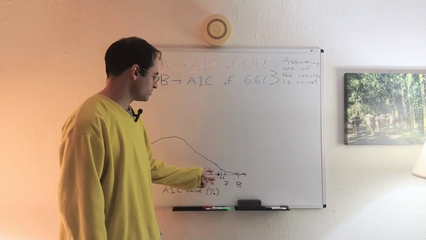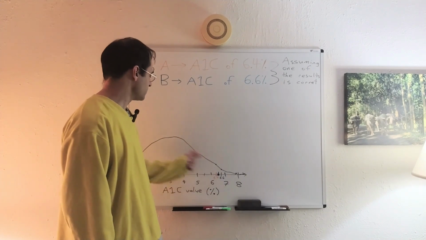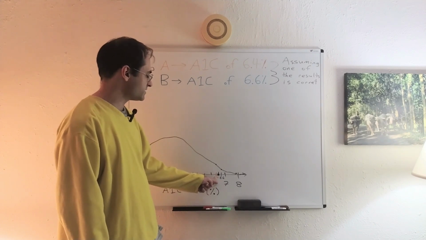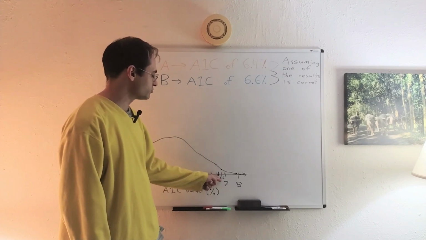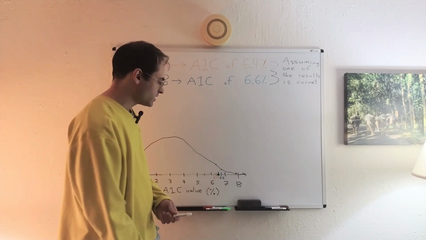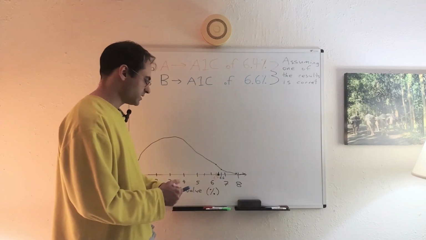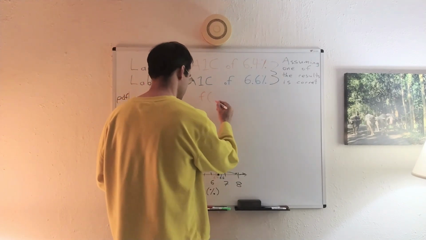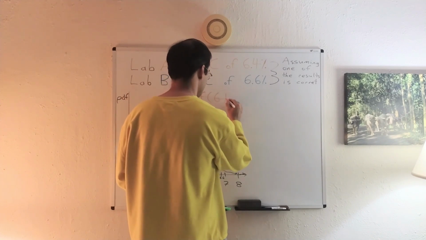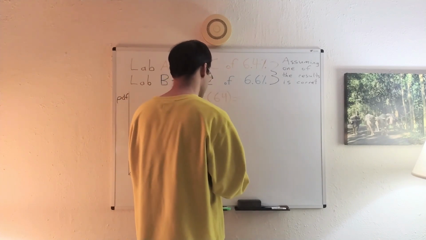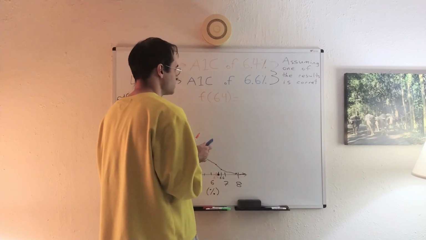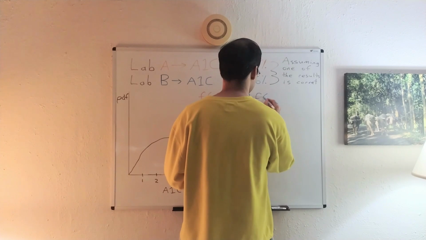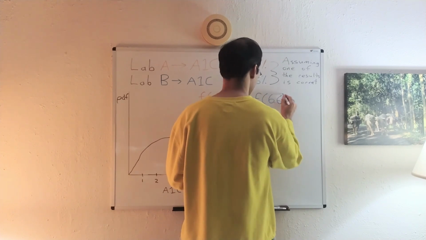Again, this is just a fictional drawing here of the PDF, but the density at 6.4 looks about twice the density at 6.6. So I'm going to make that assumption that the density f evaluated at 6.4 is equal to twice the density evaluated at 6.6.